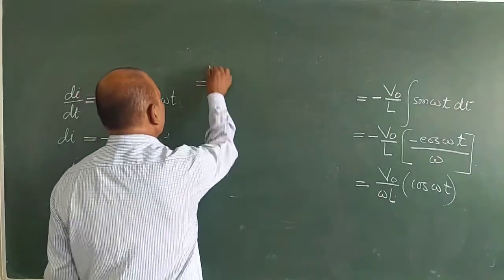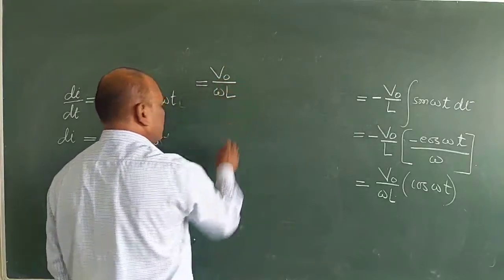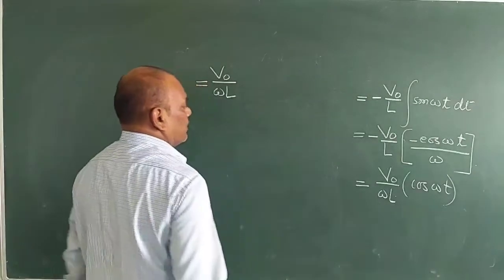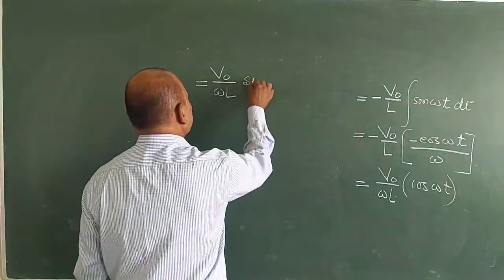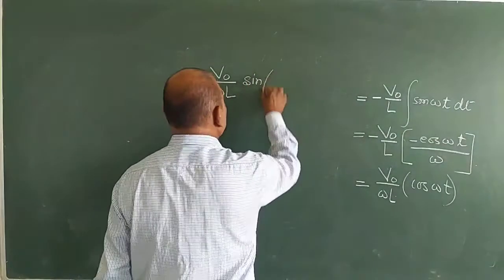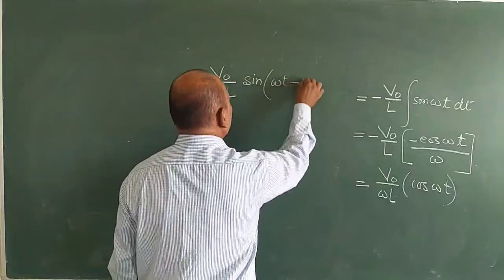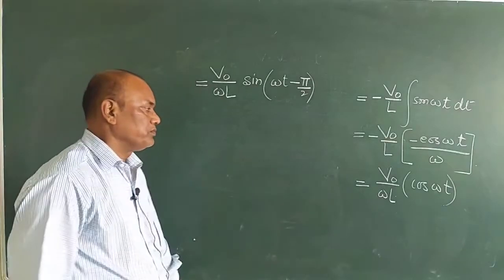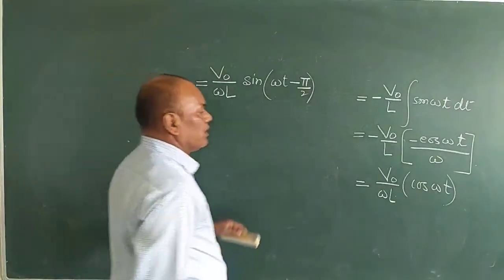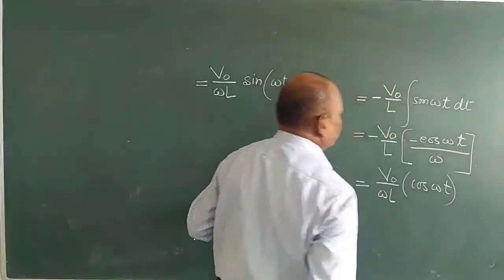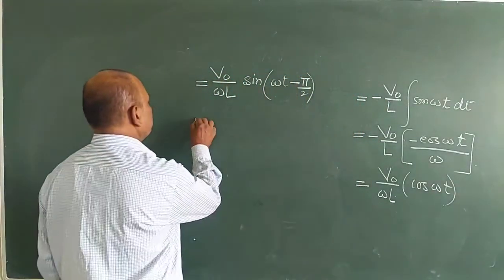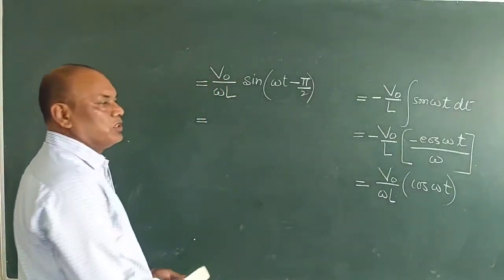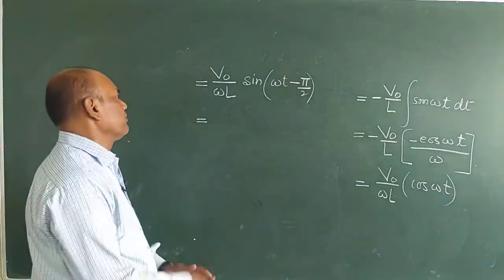Now cos omega t is written as sin omega t minus pi by 2, omitting the negative sign here.